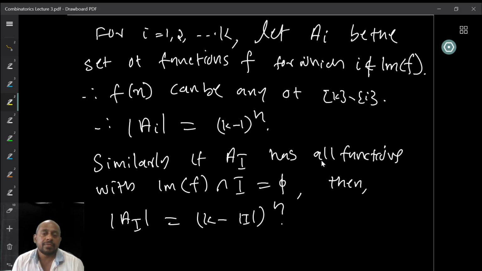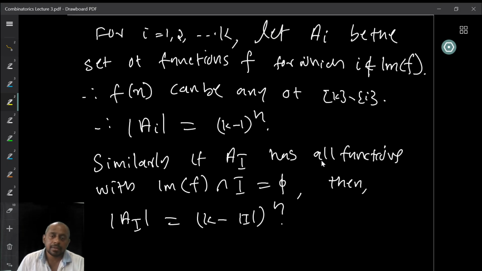Now similarly, let's say A_I, where I is the capital I, has all the functions where the image of f intersection I is empty, then A_I has cardinality k minus cardinality of I whole raised to n.